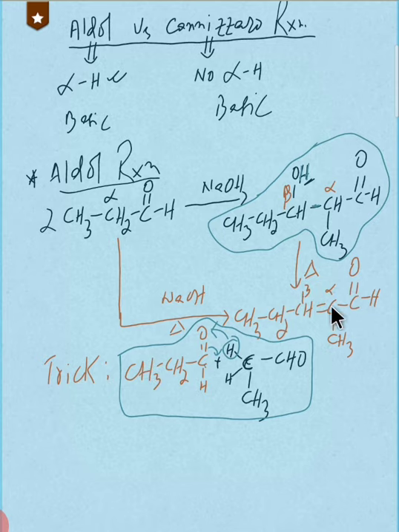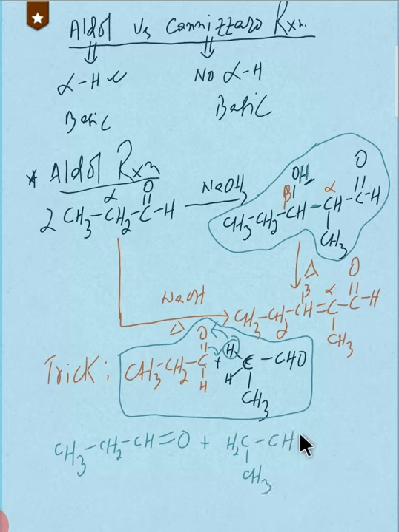And for writing this aldol condensation product, the trick is like this. This is our one molecule of propanal. Let me write C and O double bond like this, and to this I need to attach the alpha carbon atom of another molecule, same molecule, right?